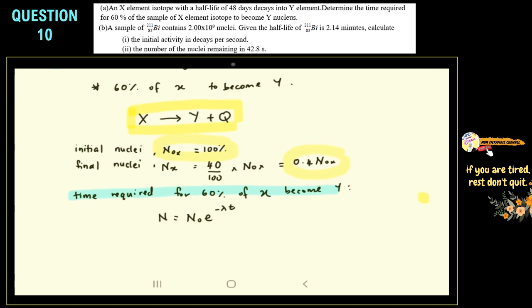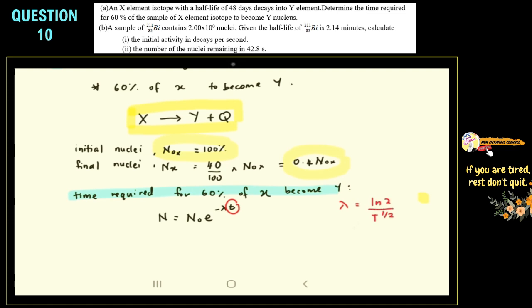In this case, we want to find the time required for 60% of sample X to become Y, so we want to find this one, t. And remember, the decay constant is equal to ln 2 over the half-life.